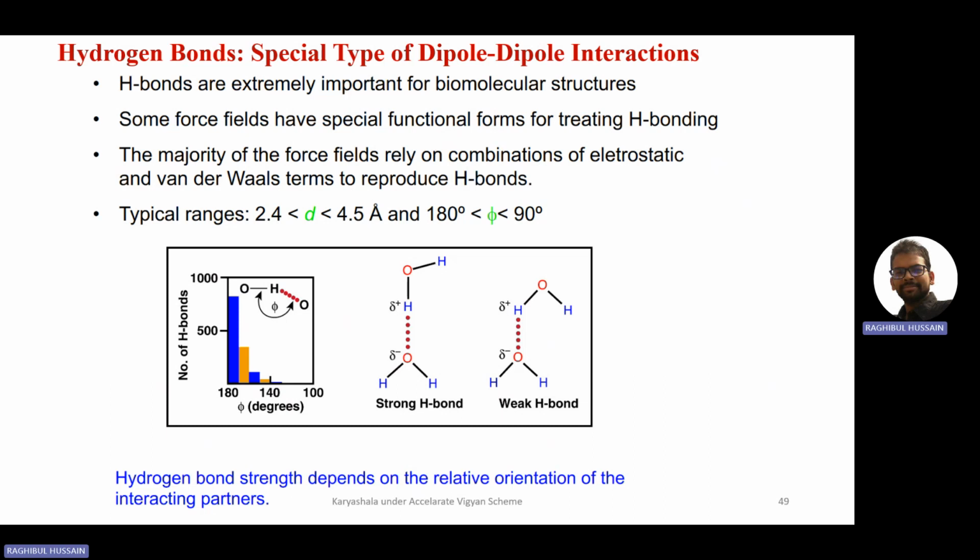So the interaction strength, the vector, will not be 100%, but the cos component will be here. So as the cos component is here, the interaction strength is somewhat lower. So by changing the positions of the atoms, the hydrogen bond strength will change.